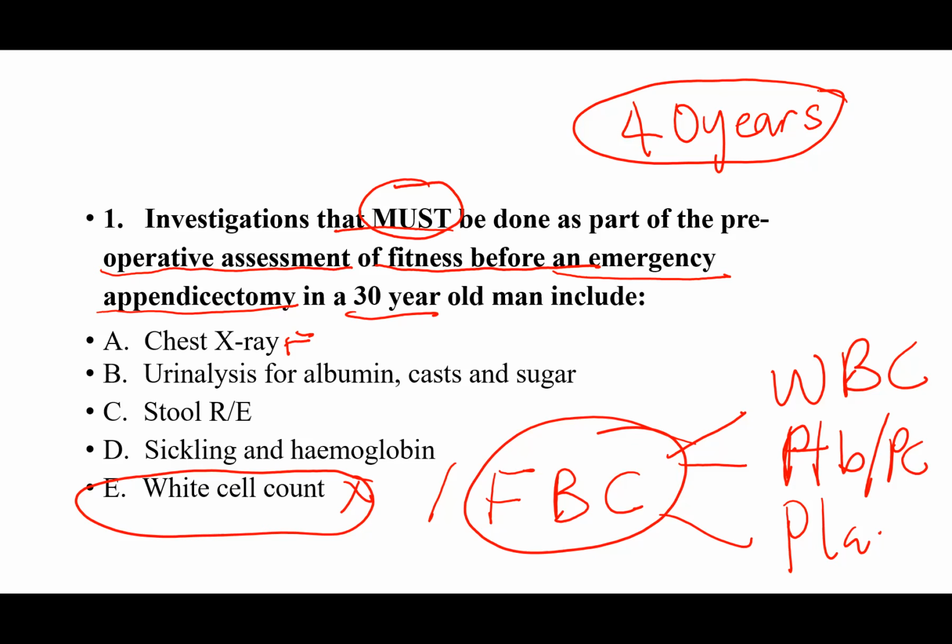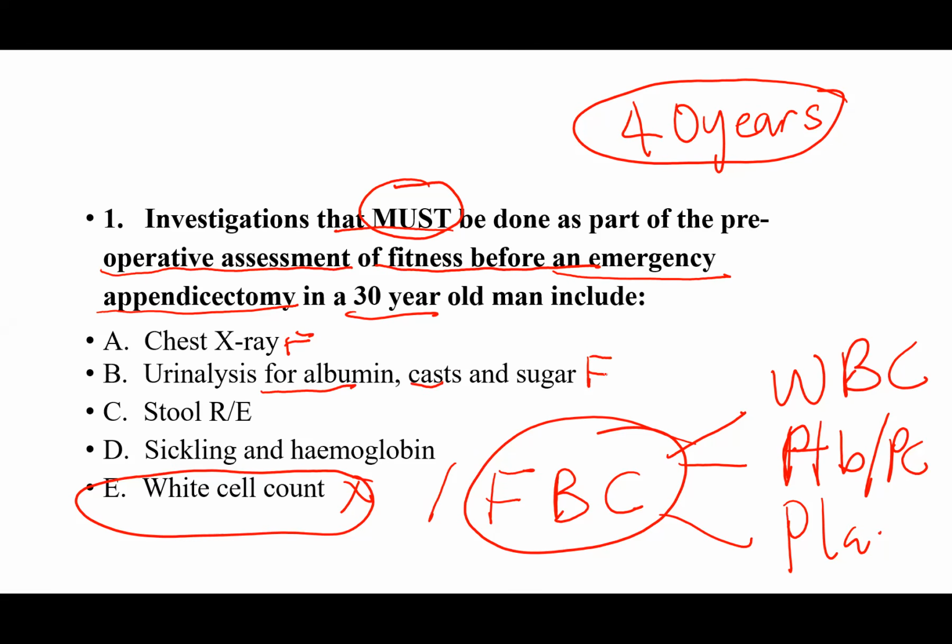In certain instances, you don't have to go doing extensive investigations just for an emergency acute appendicitis. You just want to do the minimal that will determine fitness. And the guy that said B is right. Urinalysis is a bedside minimal investigation that will assess the fitness of the kidneys.